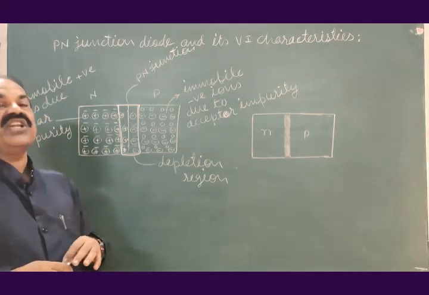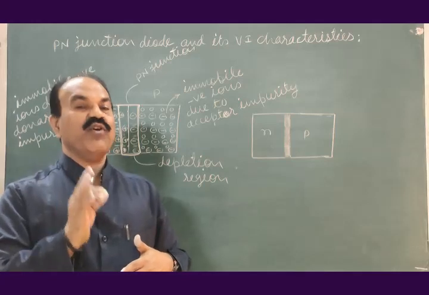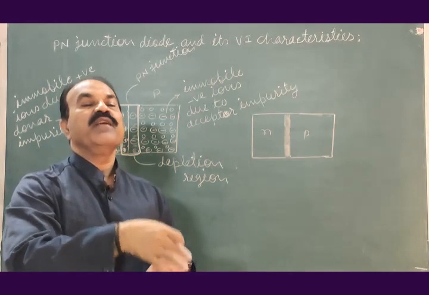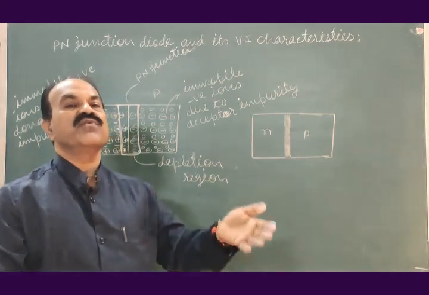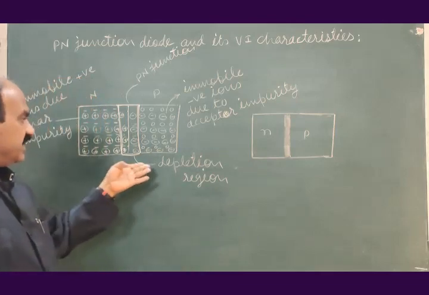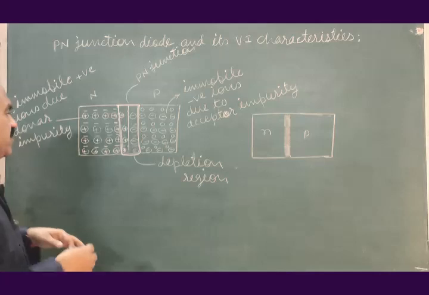This depletion region forms a barrier, an obstacle for the movement of electrons from n type to p type, and for the movement of holes from p type to n type. Therefore, this region is also known as the barrier region.